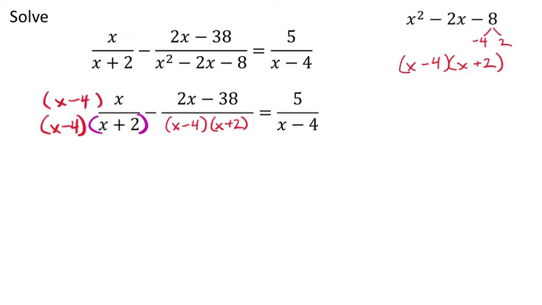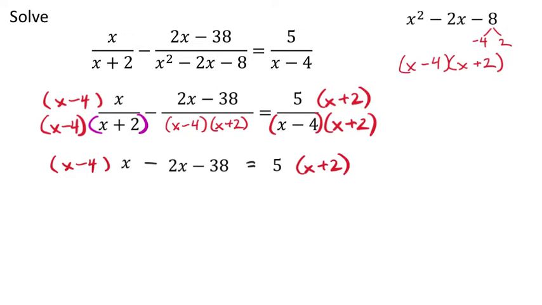Even over here on the right, I've got the x minus 4, but it's missing an x plus 2, so I've got to multiply the numerator also by x plus 2. Having done that, I have matching denominators, and they're even in the same order. That means I can rewrite this without any denominators.